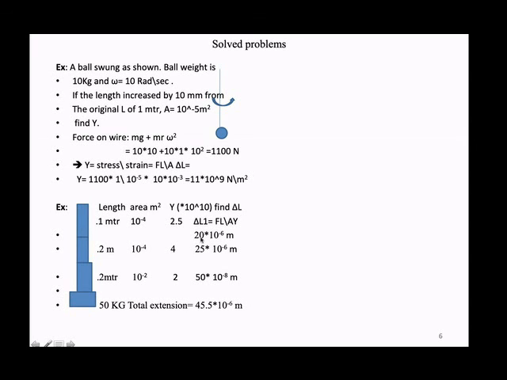The length is 0.1 meter, the area is 10 to the power minus 4, and we have the Young's modulus here. So I get 20 to the power minus 6 for this extension, 25 to the power minus 6 for this extension, and 15 to the power minus 8 for this extension. When I add all three, it is 45.5 to the power minus. This is the total extension of the three bodies together when subjected to a load of 50 kg.